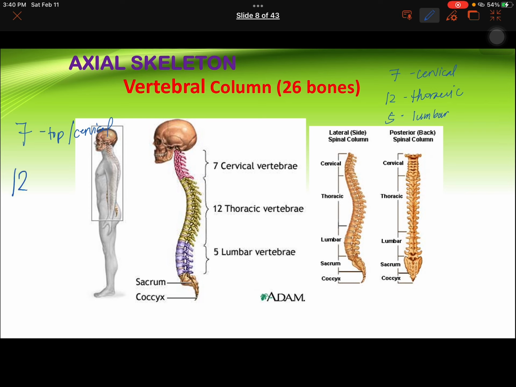You eat lunch at 12, the thoracic, and 5 lumbar bones because you eat dinner at 5. You eat breakfast at 7, you eat lunch at 12, and you eat dinner at 5.